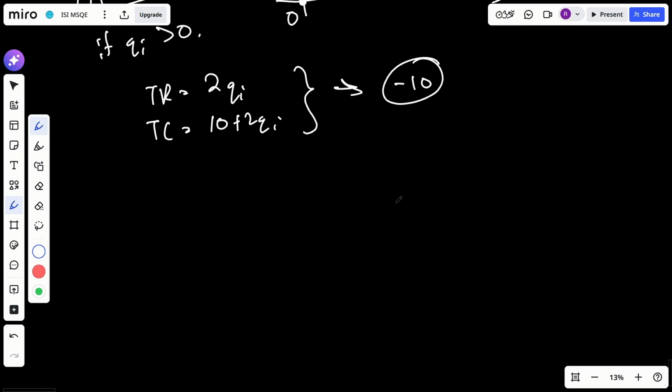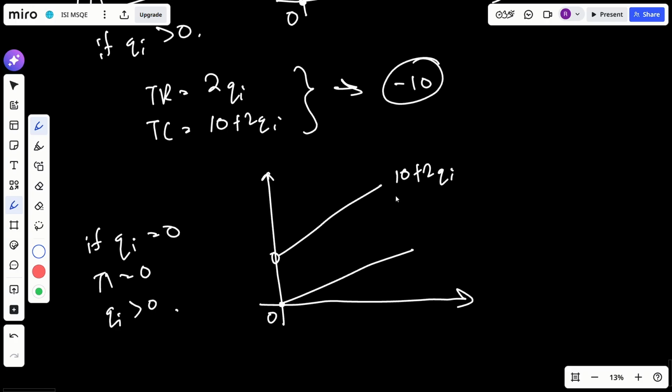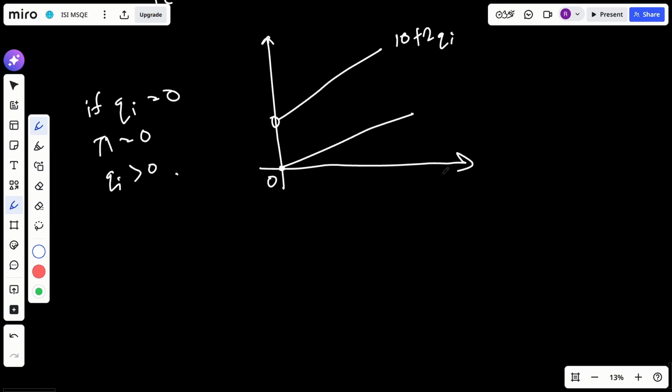What will happen if P is strictly less than 2? Once again, I will draw the curve. This is the cost function. Now if price is less than 2, the total revenue curve will be flatter. Once again, if QI is equal to 0, profit is 0, but if QI is strictly positive, you can see the difference between total cost and total revenue goes up.